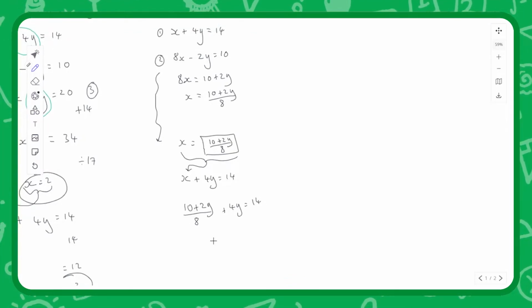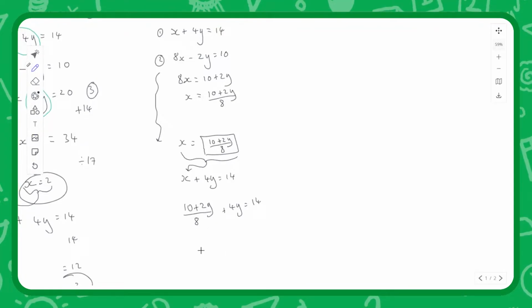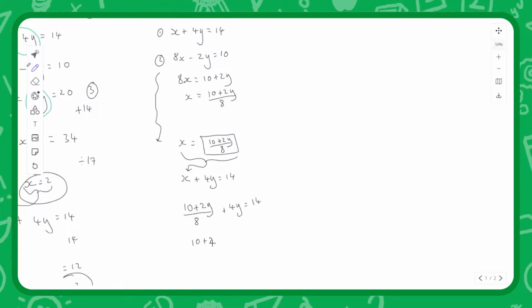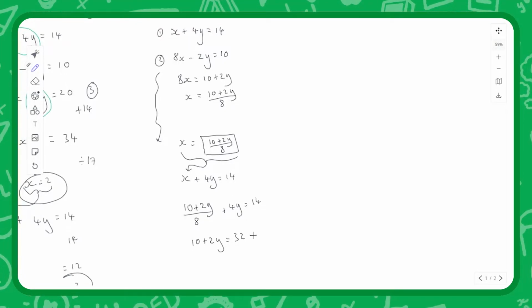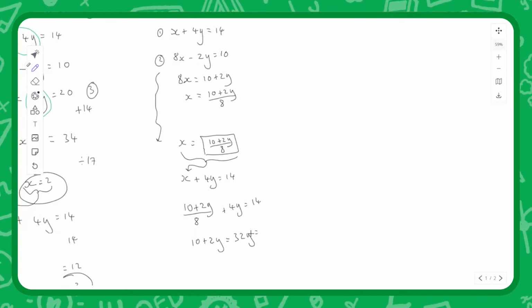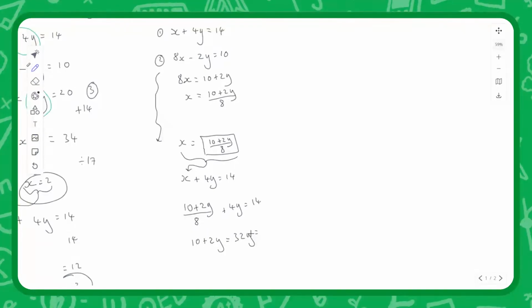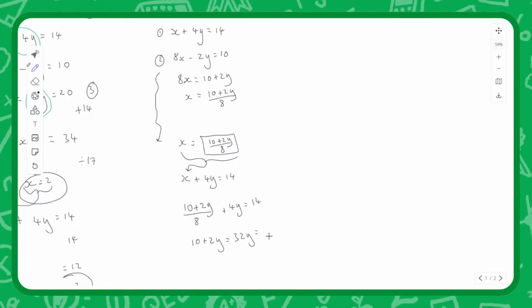I could times everything by 8, and so I get 10 plus 2y plus 4 times 8, which is 32y, equals 14 times 8. I'm going to be lazy and use a calculator, that gives me 112.